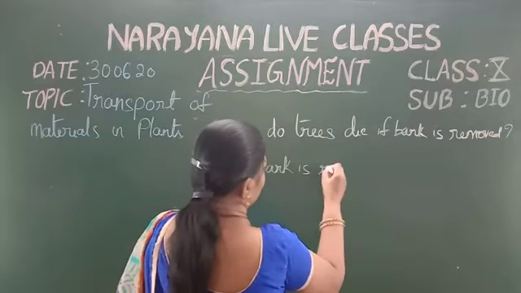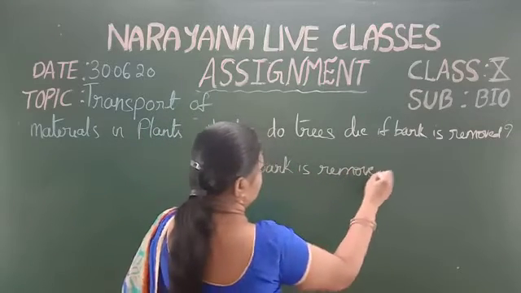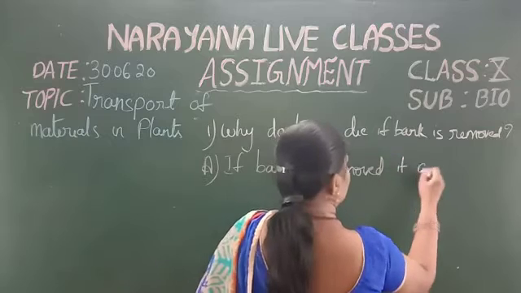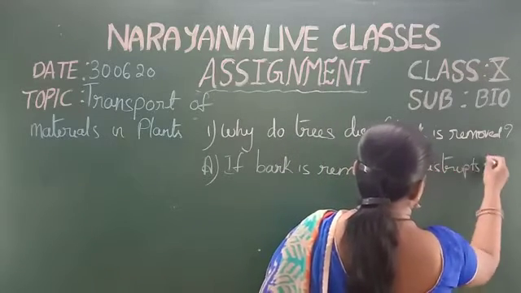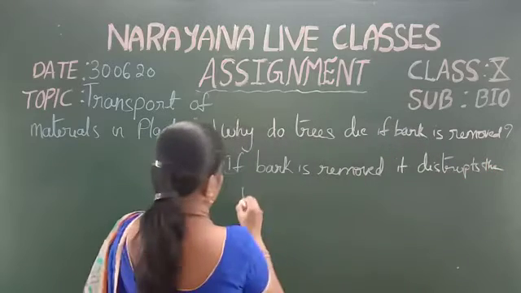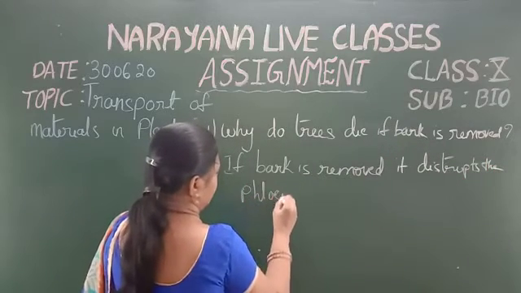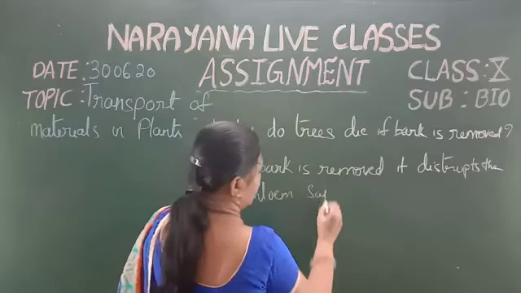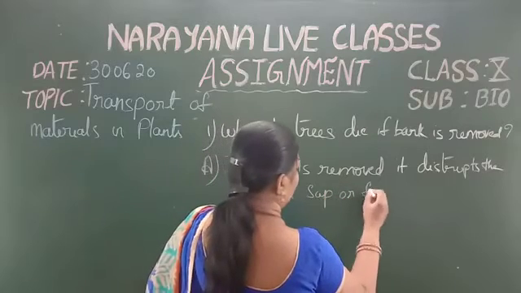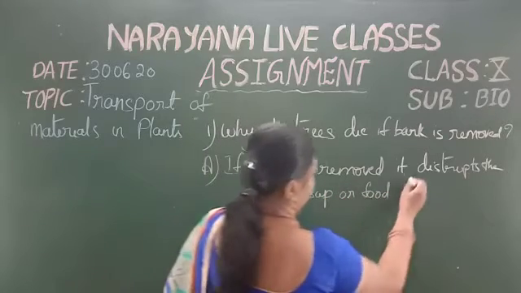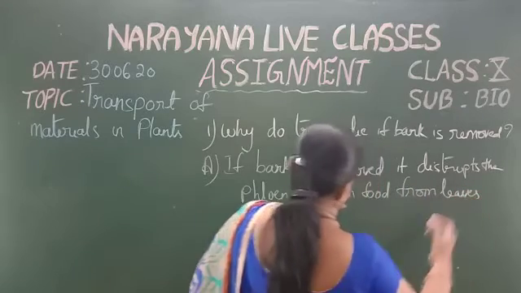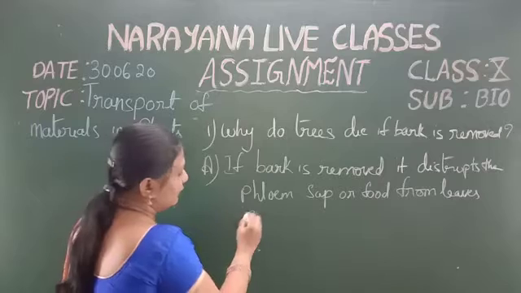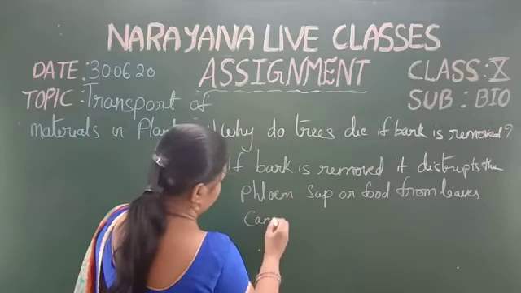If bark is removed, it disrupts the phloem, so the sap or food from leaves cannot reach different parts of the plant.